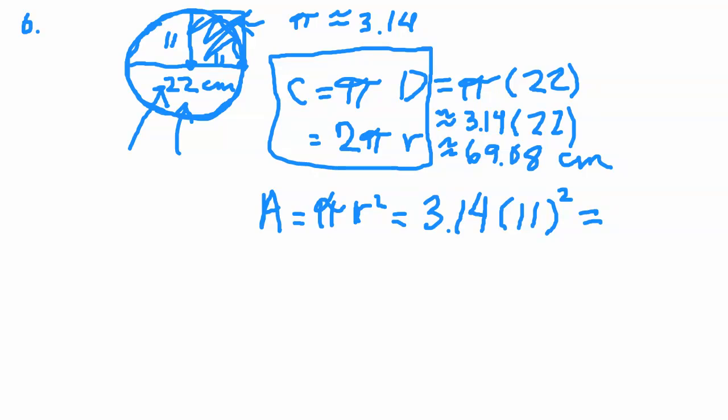Rounding it to the nearest hundredth, we have 379.94. And then area is 2-dimensional, so we should write this as centimeters squared. And this should be an approximate symbol right here because 3.14 is an approximation for pi.